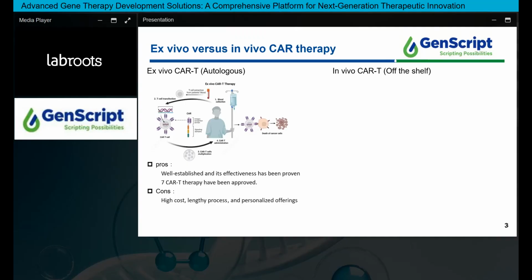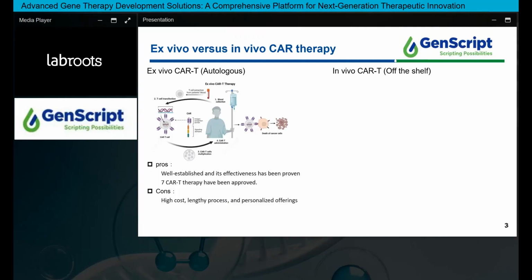Mostly, we use a lentivirus vector to express the chimeric antigen receptor, known as CAR. After the patient undergoes lymphodepletion chemotherapy, the engineered cells are infused back into their body.